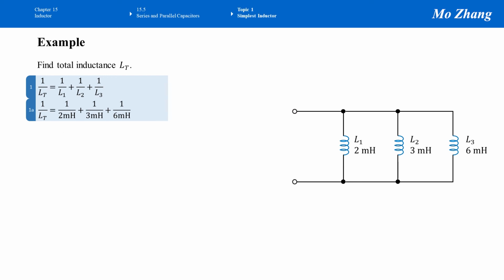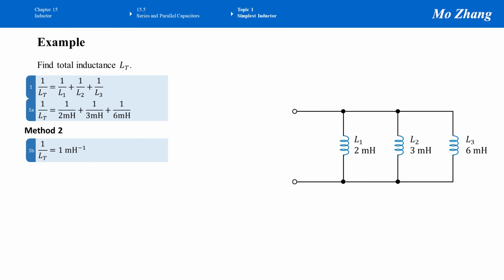We go back to step 1A, continue from there and use the second method. So copy down that 1 over Lt. The right-hand side of the equation has three terms: 1 over 2 millihenry plus 1 over 3 millihenry plus 1 over 6 millihenry. Don't worry about the unit for now.